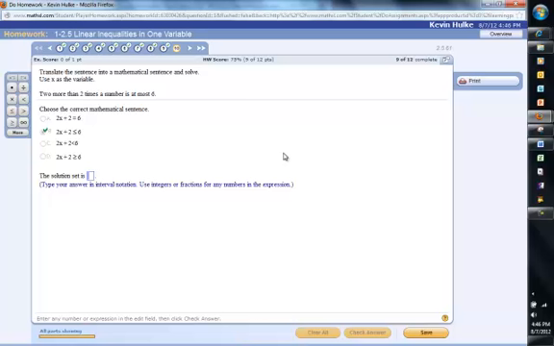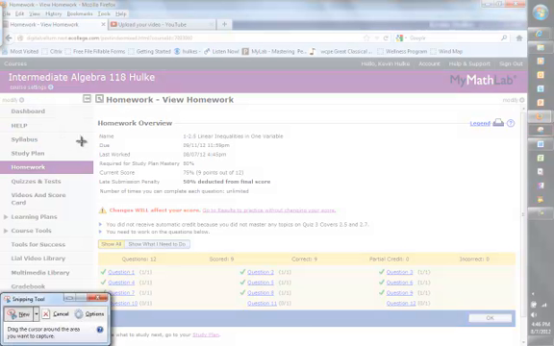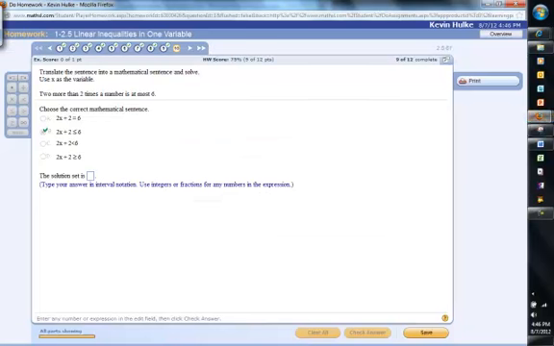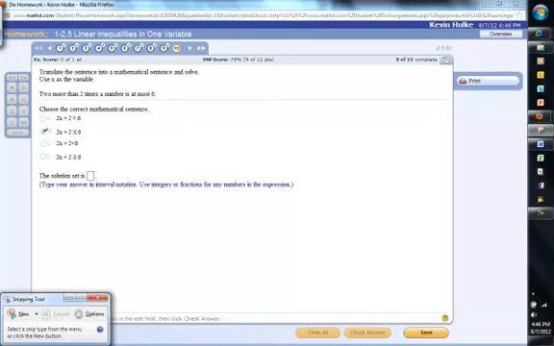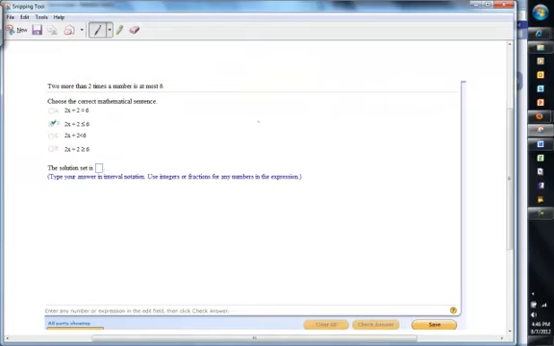The solution set in interval notation, okay, so we need to solve that first. So we have 2x plus 2 is less than or equal to 6.